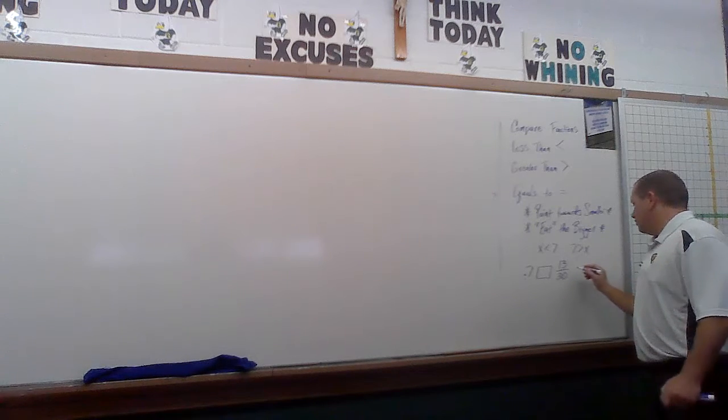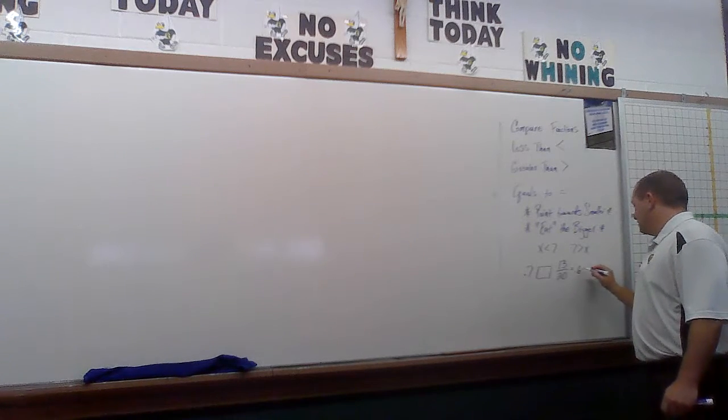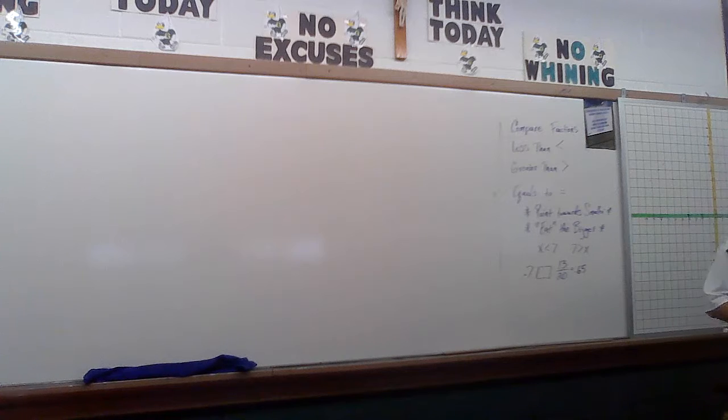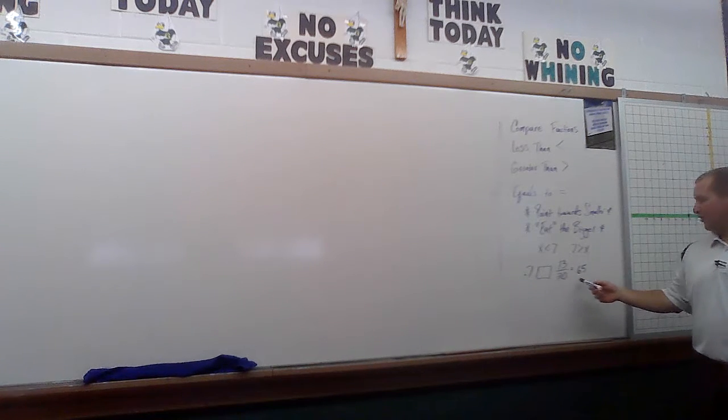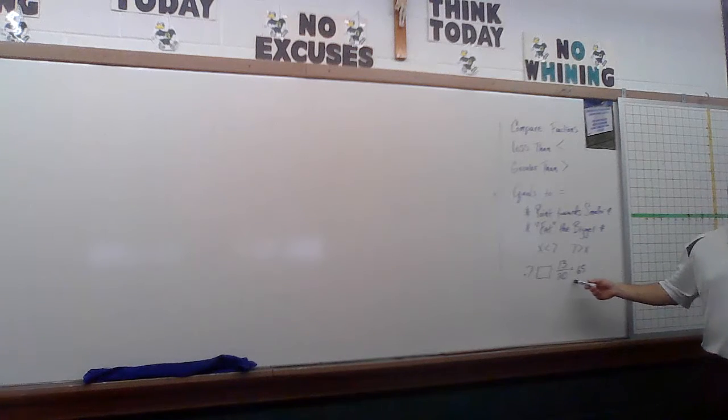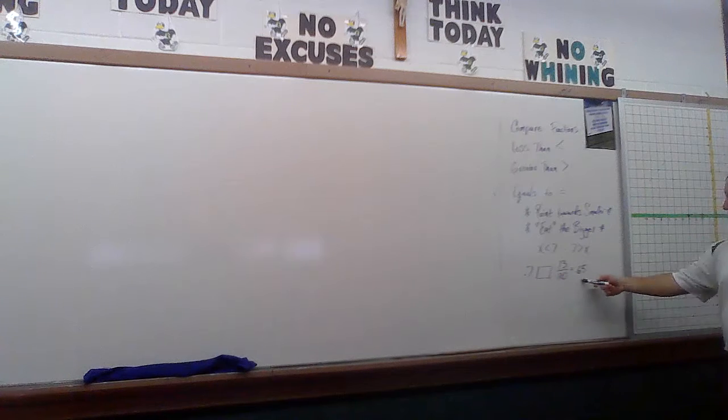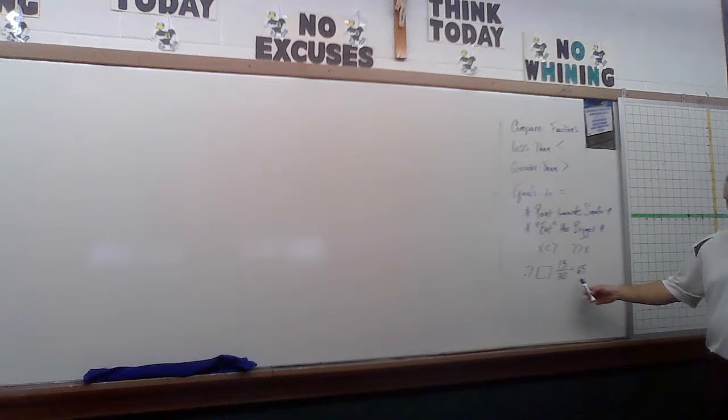0.65. So remember now, how do I know which one's bigger? Well, whatever number is closest to the decimal point is the biggest decimal place, right? Just because if we have a bunch of numbers here, that doesn't mean that that decimal is bigger than the other one. It's always the one closest to the decimal. What spot is this called? The tenths.